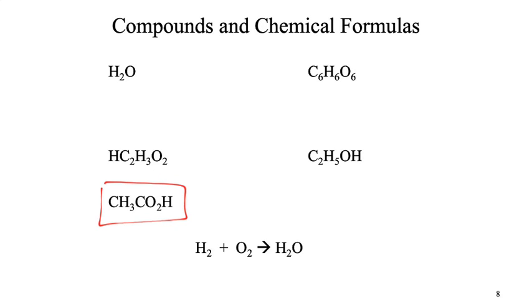We see another one here. What was that formula? That's C2H4O2. Wasn't that the same as this? Yeah. Why is it again written slightly differently? We're actually trying to convey more structural information.